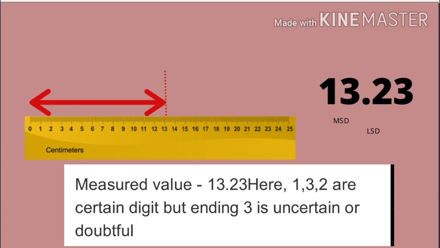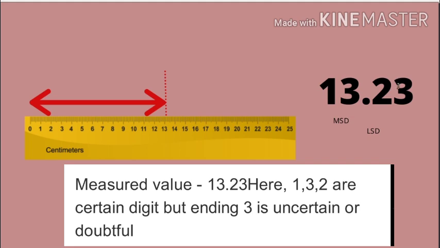So we find significant figures for the measured value, means those values you have seen earlier are the measured values. Now I am again taking a centimeter scale and I have to measure this arrow, the double-headed arrow. Measuring this arrow, we got the number 13.2, where 13 is in centimeter and 2 is in mm.